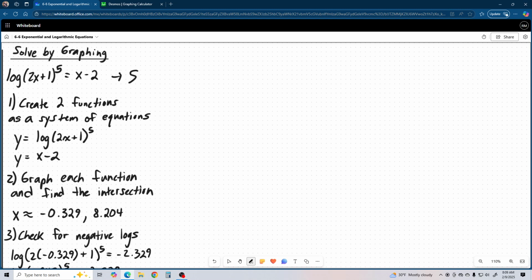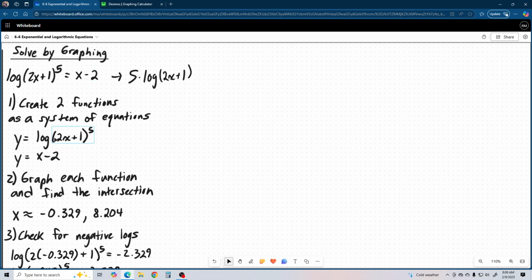So we should rewrite this as 5 times log of 2x plus 1, because the calculator will always read this accurately, whereas sometimes it won't read the other one as accurately. So if we put this into our calculator as 5 times log of 2x plus 1, and then graph the other function as x minus 2, we'll get this to work.